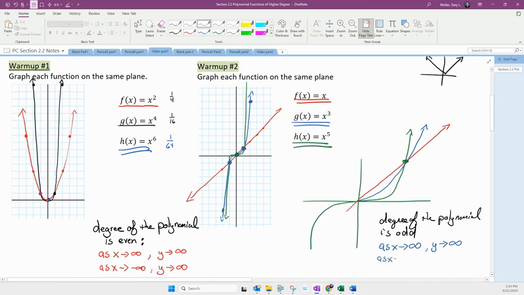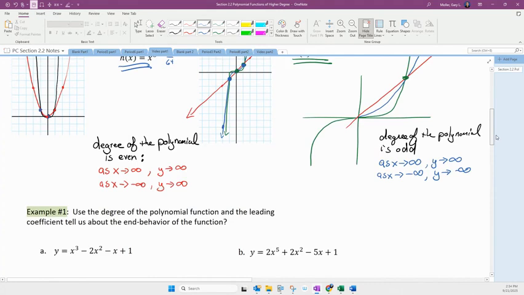And as x goes to negative infinity, y also goes to negative infinity. So in other words, as I go to the right, x gets bigger, y gets bigger. As I go to the left, so x is getting smaller, y is getting smaller. All right.